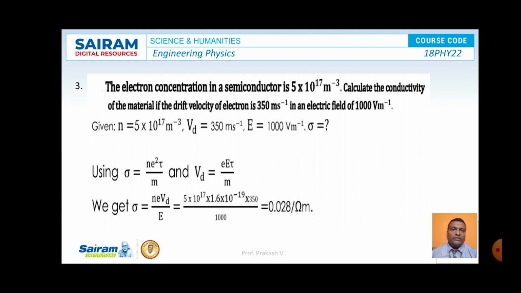So the value of sigma can be calculated by substituting for tau, giving N e Vd by E. Substitute the values of N, e, Vd and E, and you get the value of sigma as 0.028 per ohm meter. So this is the solution for the given problem.